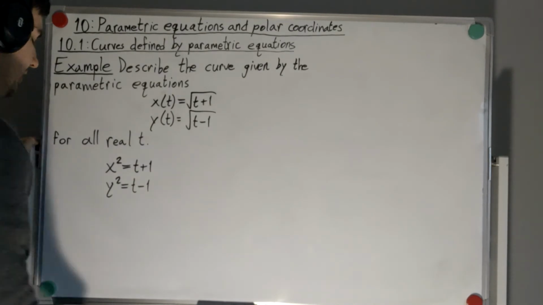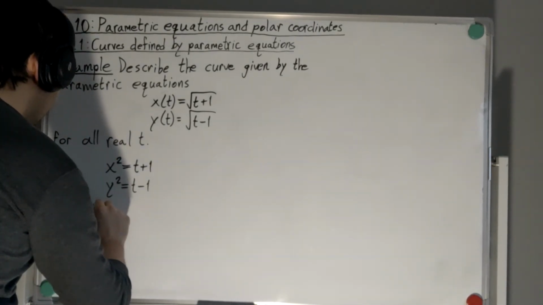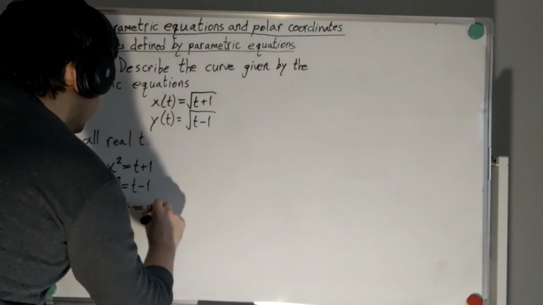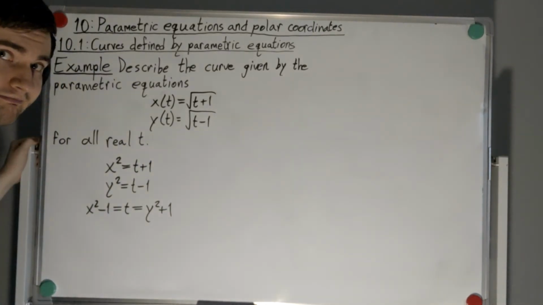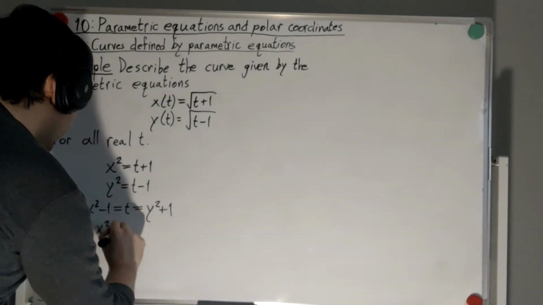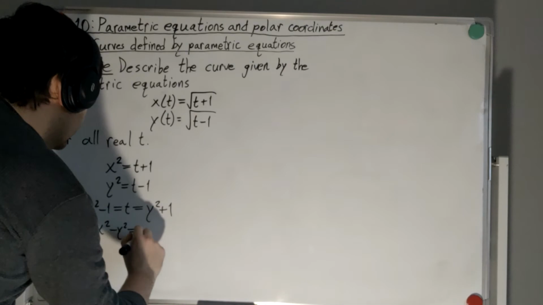Okay, so that means that if I take x squared minus 1, I get t, which happens to also be what I get when I take y squared plus 1. In that case, what we're dealing with here is x squared minus y squared equals 2.